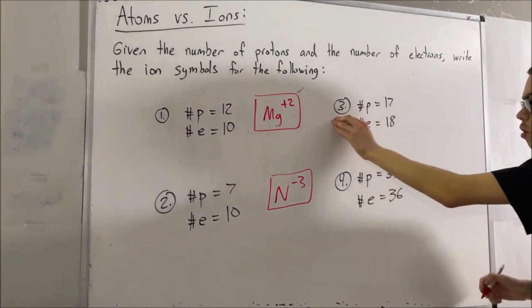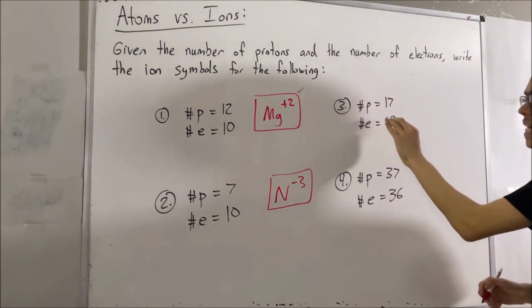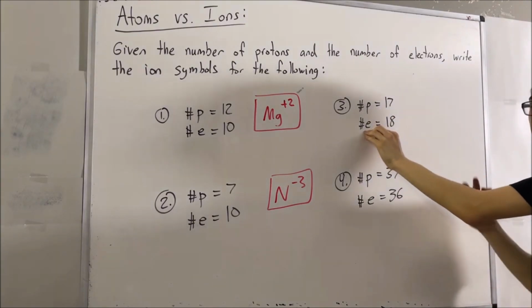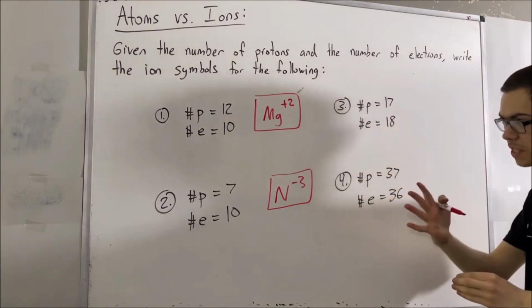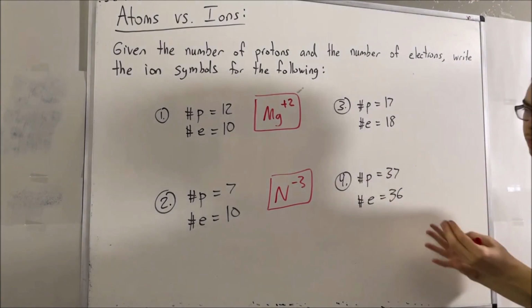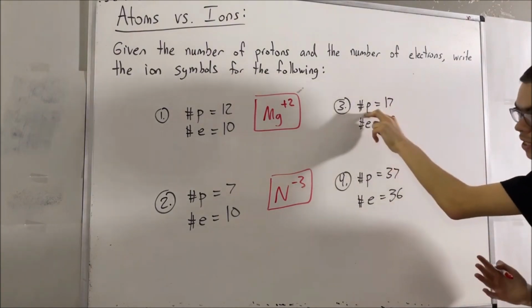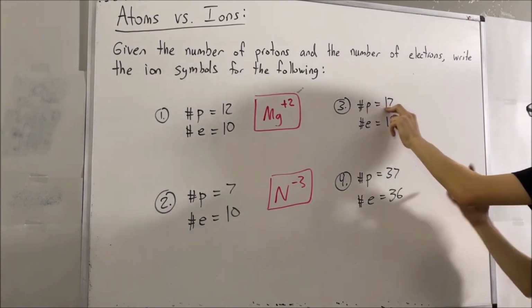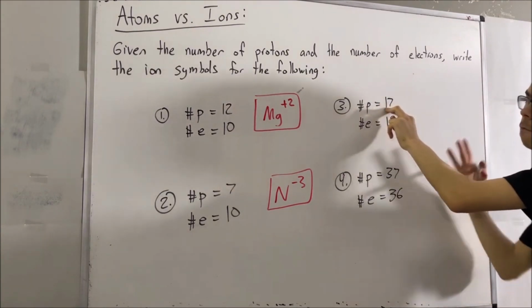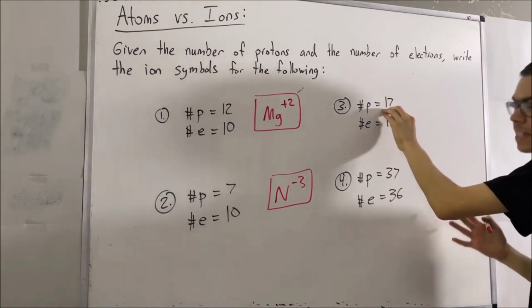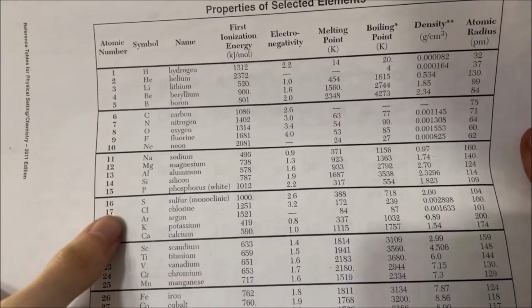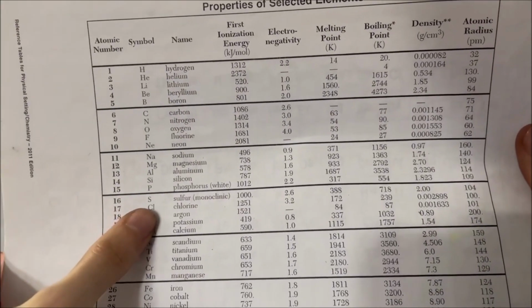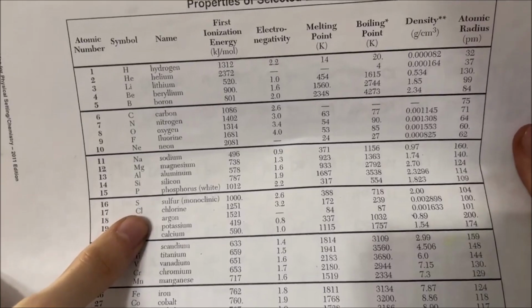Okay, question 3, we're given 17 protons and 18 electrons. Again, let's figure out the element symbol first. Notice we have 17 protons, so we have an atomic number of 17. So let's look on table S for which element has an atomic number of 17. Notice on table S, an atomic number of 17 is right there. The element symbol corresponding to that is Cl.